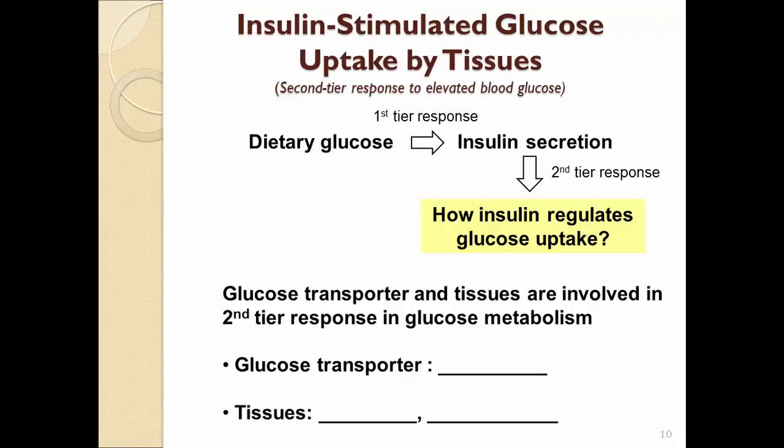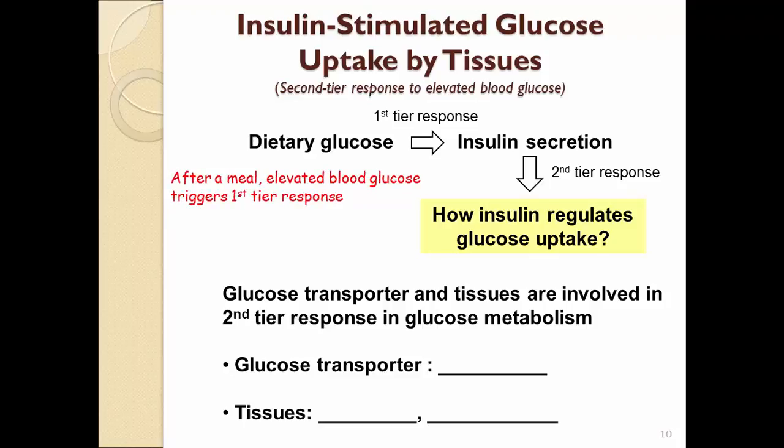So the first tier response is just a response to high levels of glucose that triggers insulin release. And then once insulin levels increase, insulin stimulates GLUT4 to take up glucose in two major tissues, skeletal muscle and adipose tissue, right?